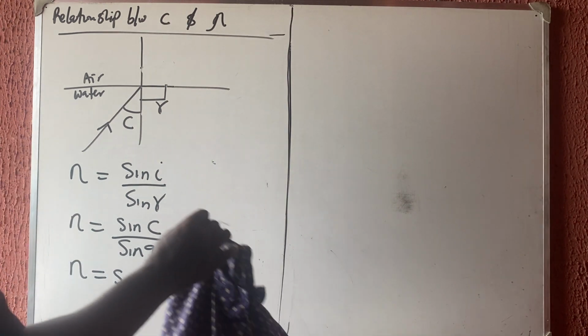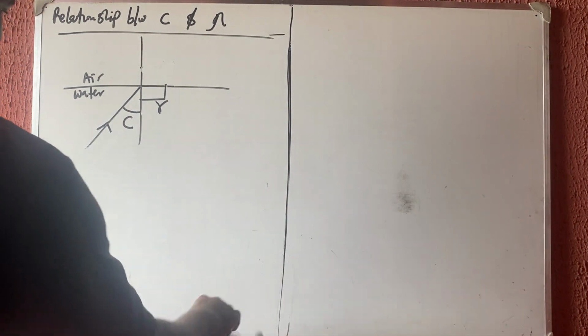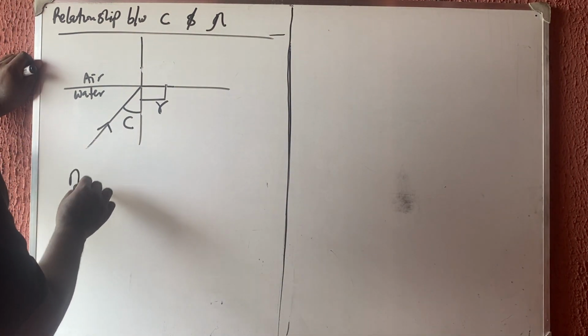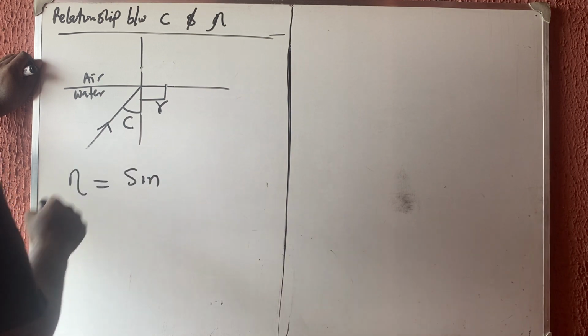Sorry, that's a mistake. It's supposed to be n from water to air. Where is it coming from?